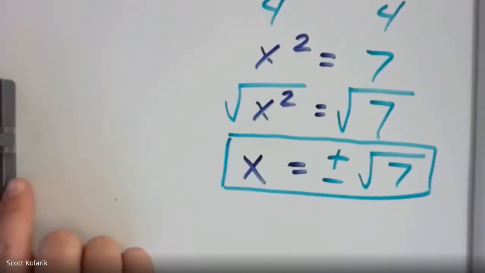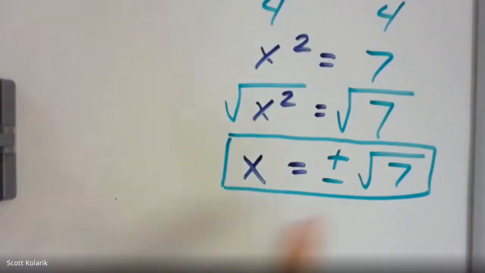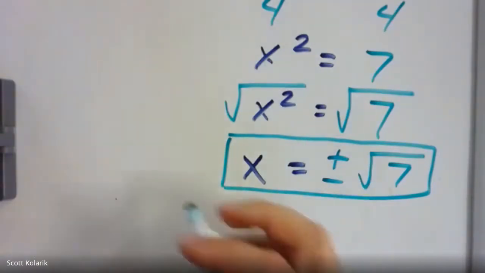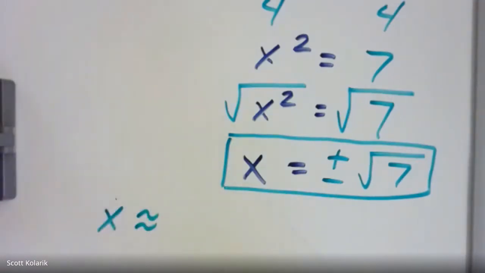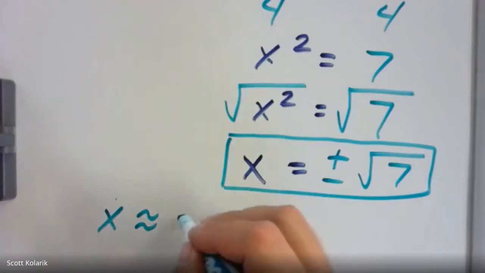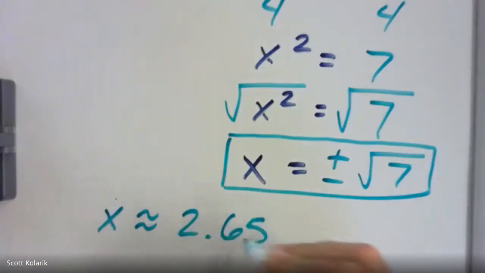But I also wanted to point out that if it did say to round your answer to, say, the nearest hundredth, then you could just literally do this in a calculator, and this is the result you would get. You get x is approximately 2.65.